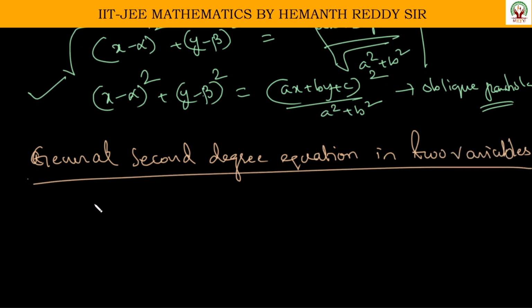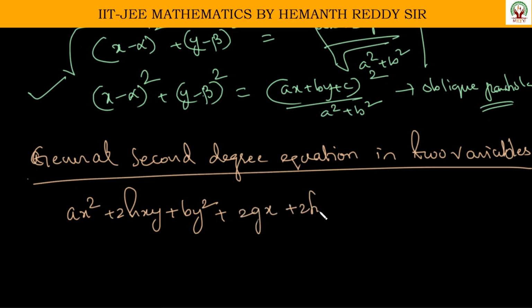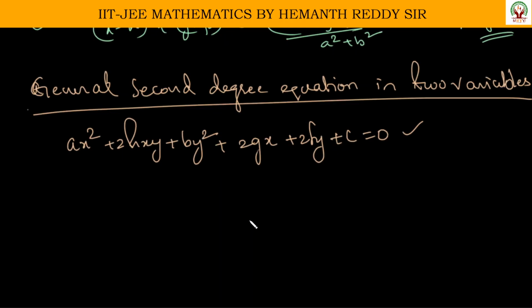A general second degree equation in two variables will be ax square plus 2hxy plus by square plus 2gx plus 2fy plus c equal to 0.